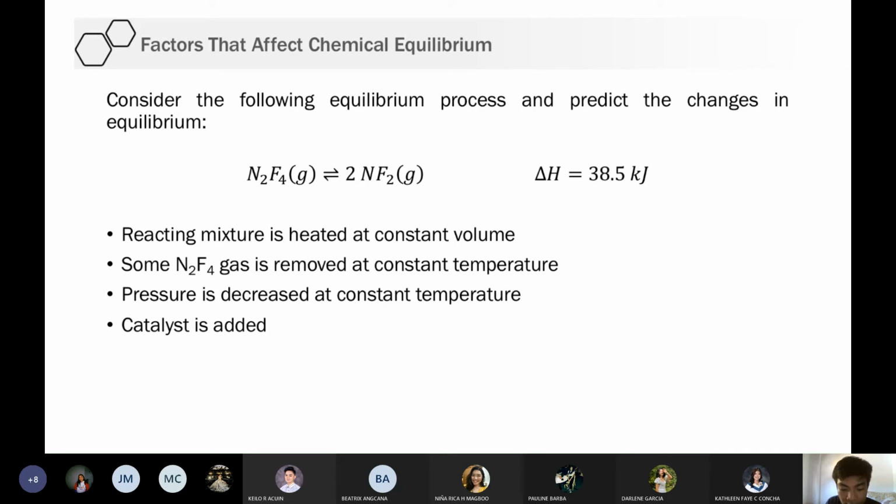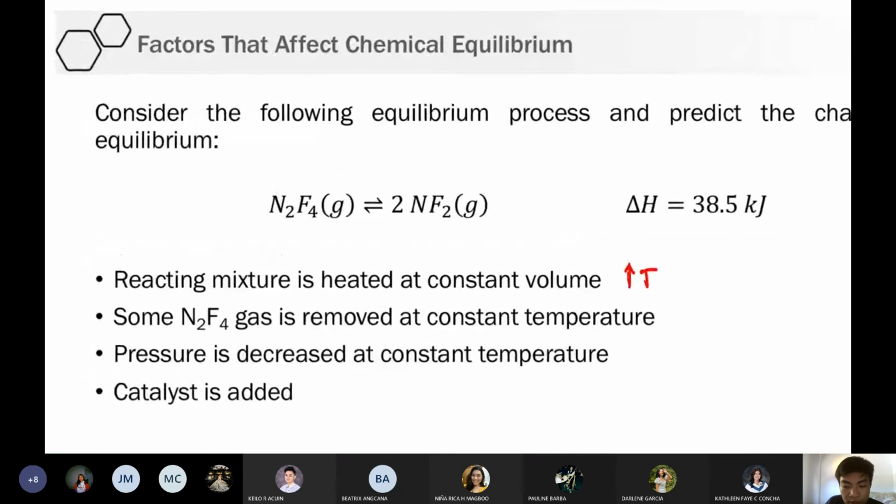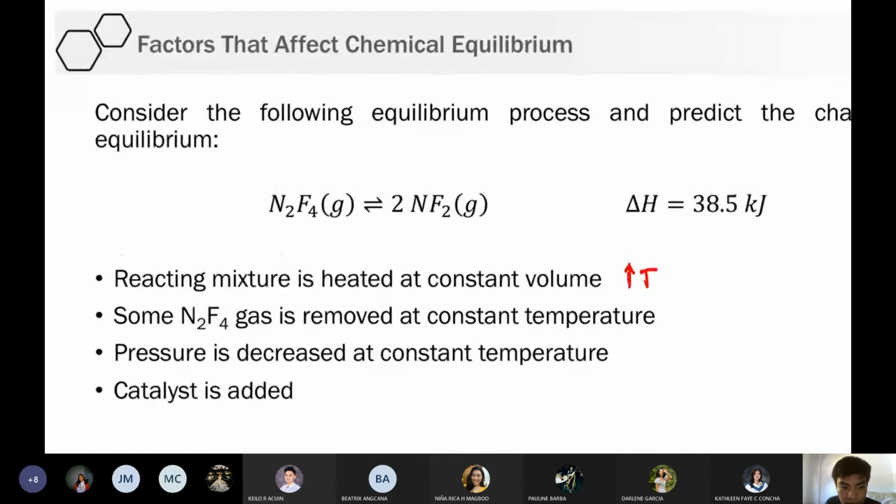Let's try: the reacting mixture is heated at constant volume. When you say heated at constant volume, that means temperature is increased. So what type of reaction do we have here? Since delta H here is positive, we have an endothermic reaction.